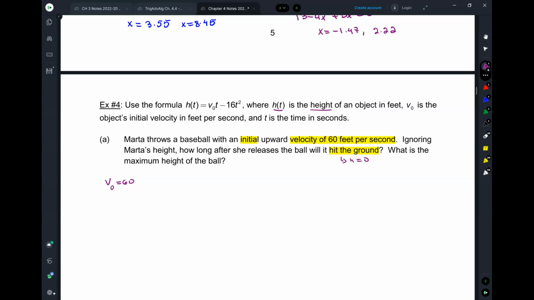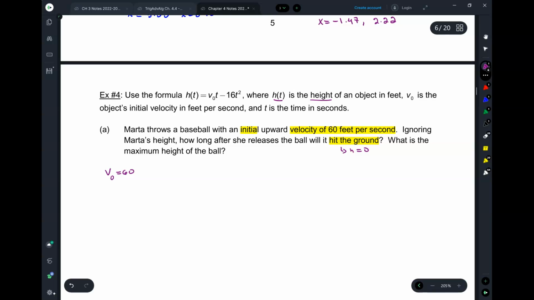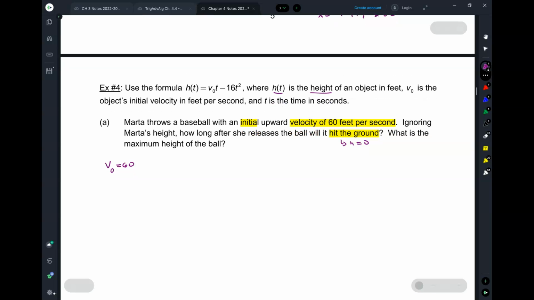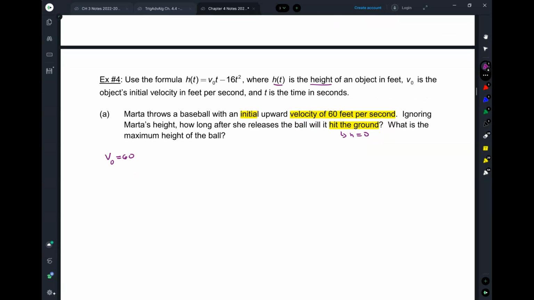Okay, so let's do that. So first we're going to do that, and then we're going to do the other one. Okay, let's continue and you'll see. So this is when H is 0. H of T is V naught T minus 16T squared. So that's what we're given.